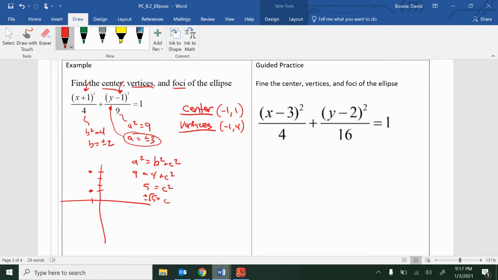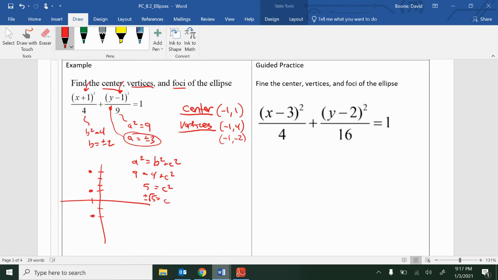Okay. The next vertex, then, we'd have to go down 3. So 1, 2, 3. So it'd be down here, at negative 1, negative 2. So those are where our vertices are.